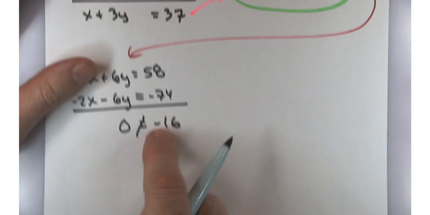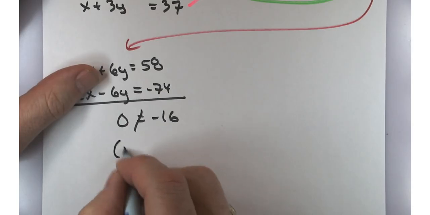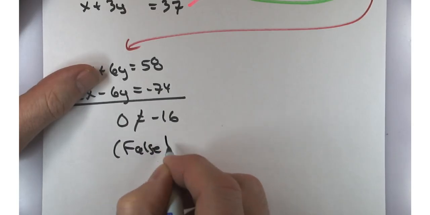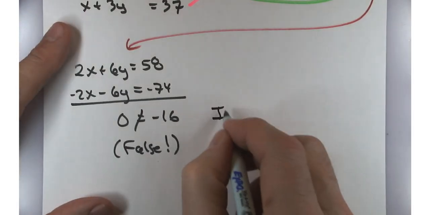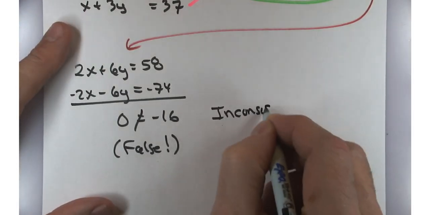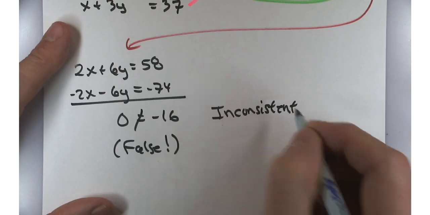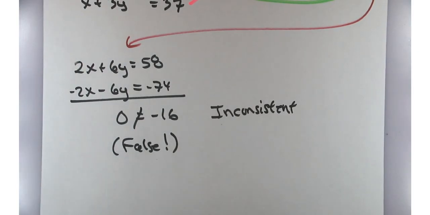So when you get a false statement, and I want to emphasize that's false, then what you should realize is that I've got an inconsistent system of equations. Done. That's it. Can't go any farther. There's no solution. Even if I wanted one, couldn't make one up.